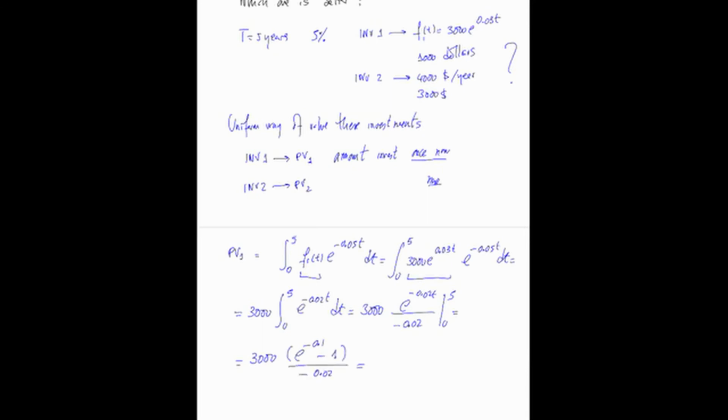Let me reverse the order on the numerator and remove the sign in the denominator, and this becomes approximately, because it's an exponential, 14,274.39. That's the money you have now. If you had to get the money right now, that's how much you would have.